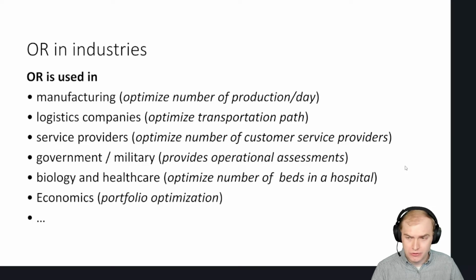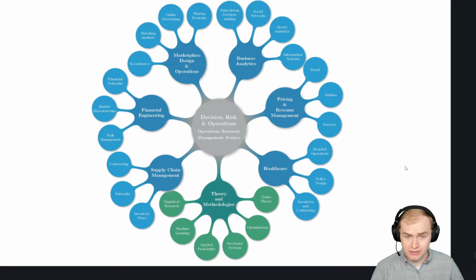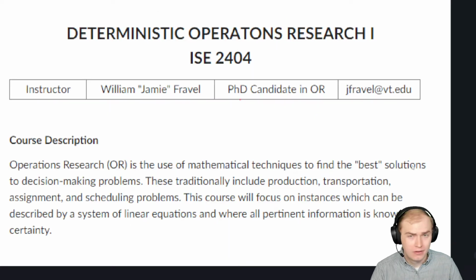In a lot of schools, notably Carnegie Mellon, many others, it's in the business department. So this is really a very multidisciplinary field, and you can apply it to a lot of different things. Here's another INFORMS slide.